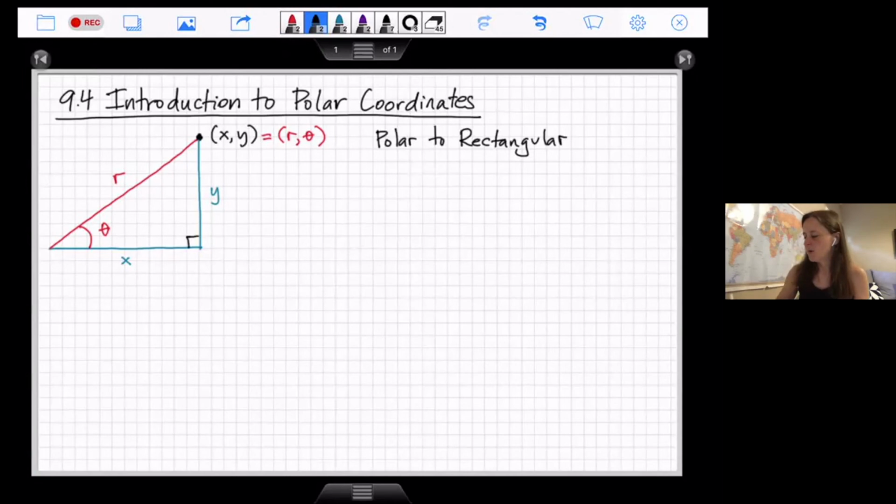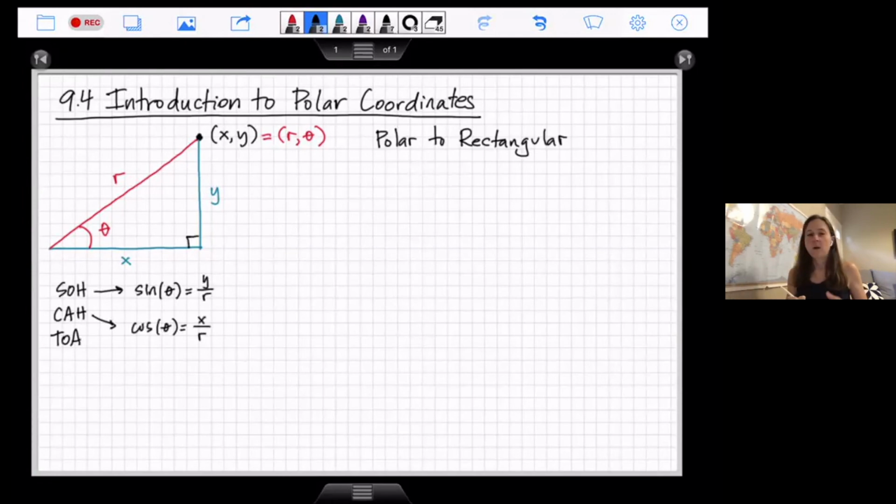Okay, so remember the SOHCAHTOA. The SOH would tell us that the sine of theta in that picture, opposite over hypotenuse, would be y over r. And the CAH would tell us that the cosine of theta would be adjacent over hypotenuse, so x over r.